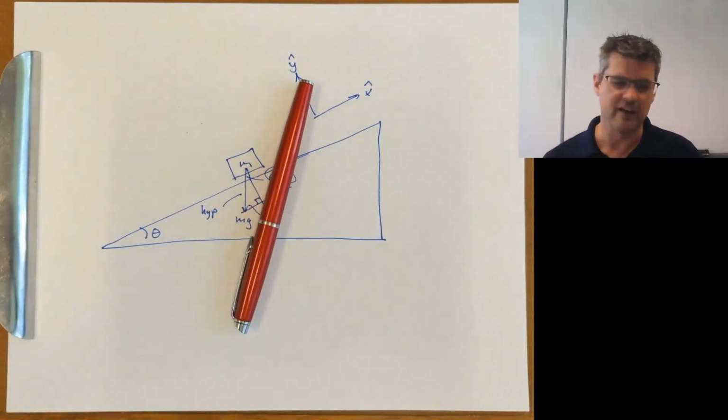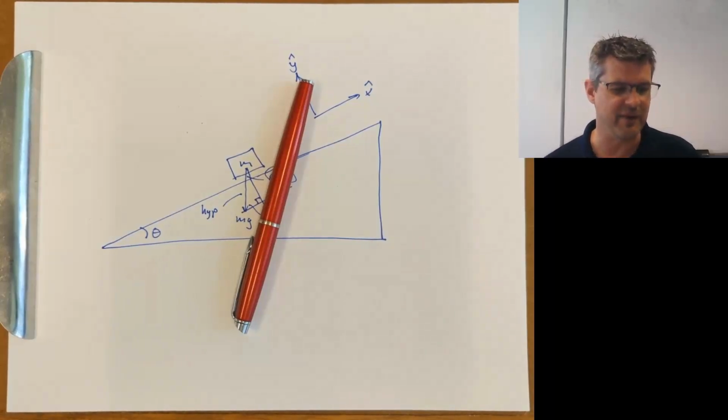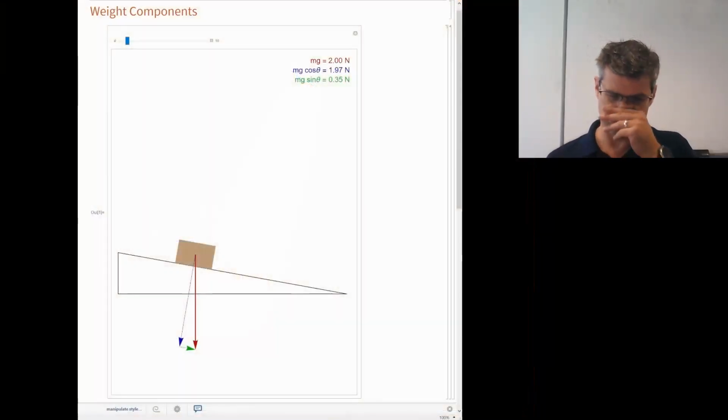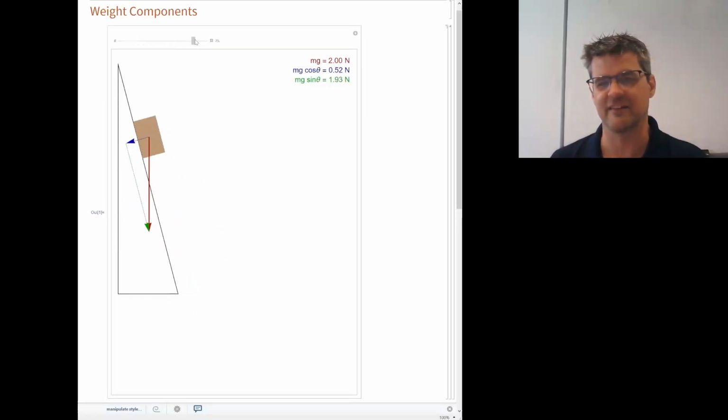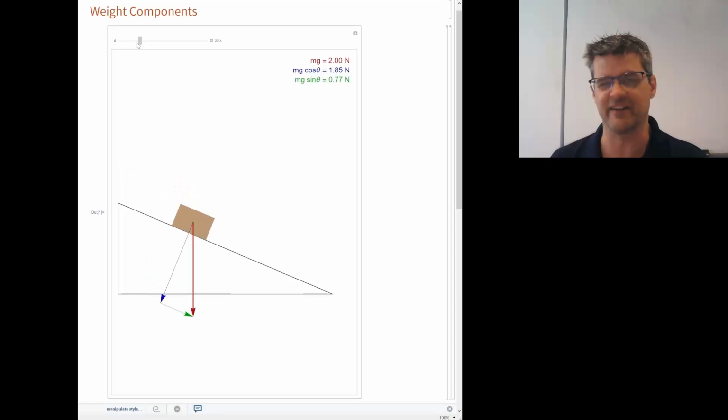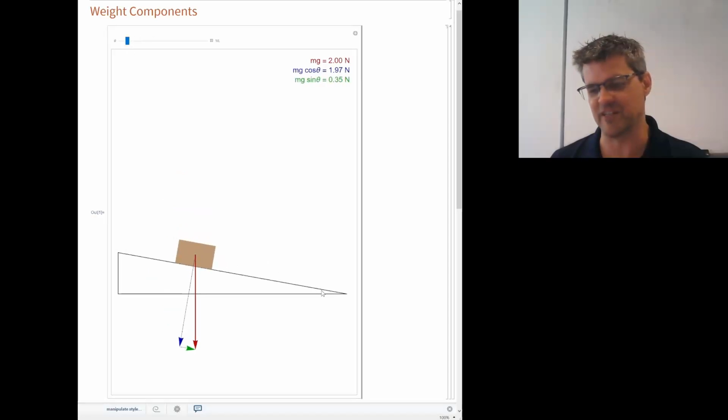Now, I happen to know that this is angle theta, but how would we convince ourselves of this? And for that, I'd like to go to Mathematica just for a moment. So here what I have is some block on an inclined plane. This block has a certain weight, 2 newtons. Now this inclined plane has an adjustable theta. Here's a large value of theta, small value of theta, which says that this corner is what we're talking about with theta.